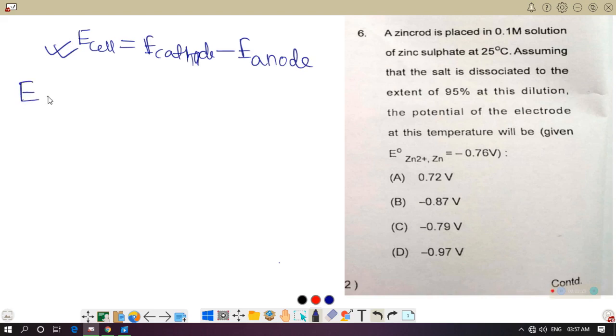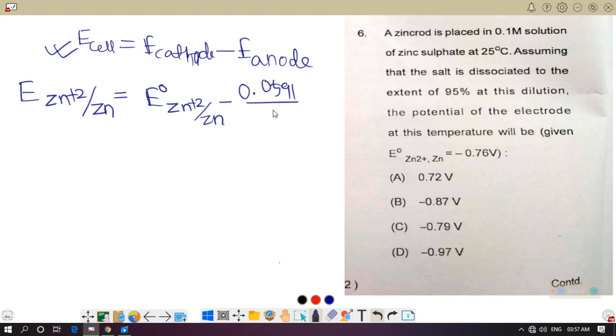E of Zn2+/Zn is equal to the standard E of Zn2+/Zn minus 0.0591 divided by 2, since zinc takes 2 electrons in the reduction of zinc, times log of 1 by the concentration of Zn2+.